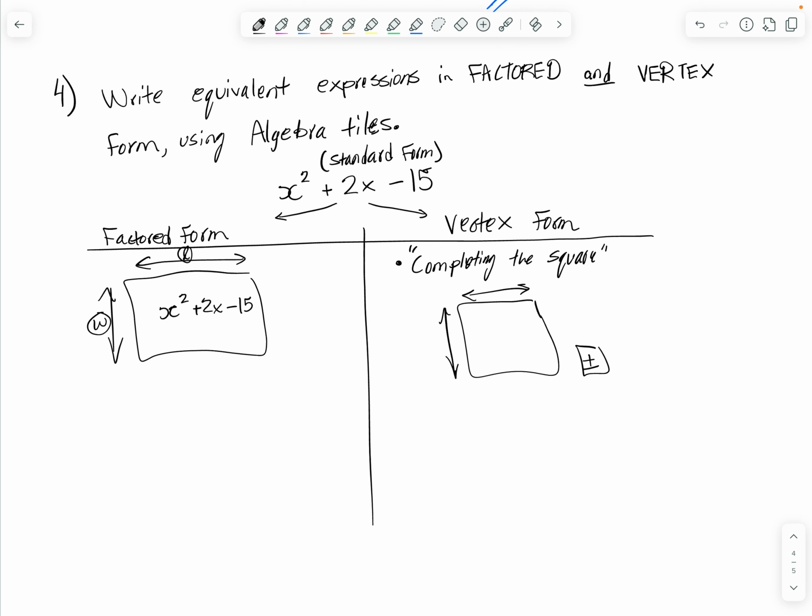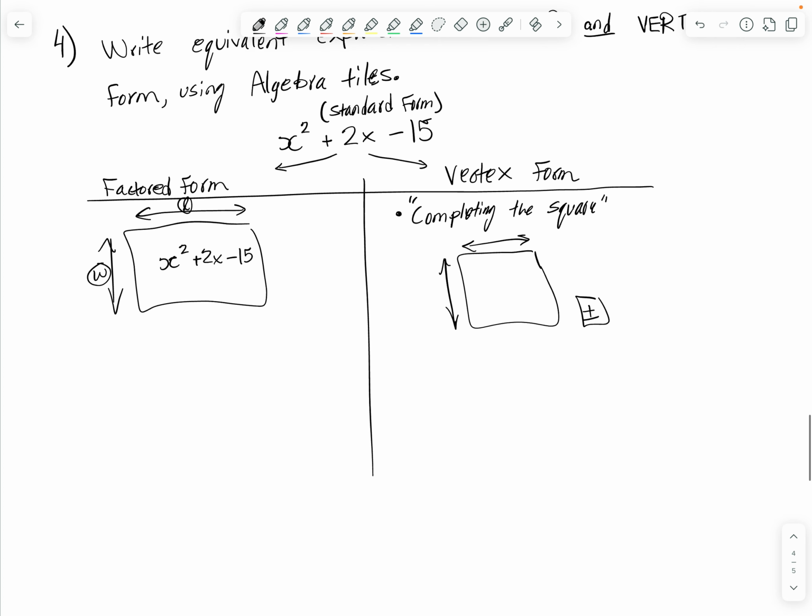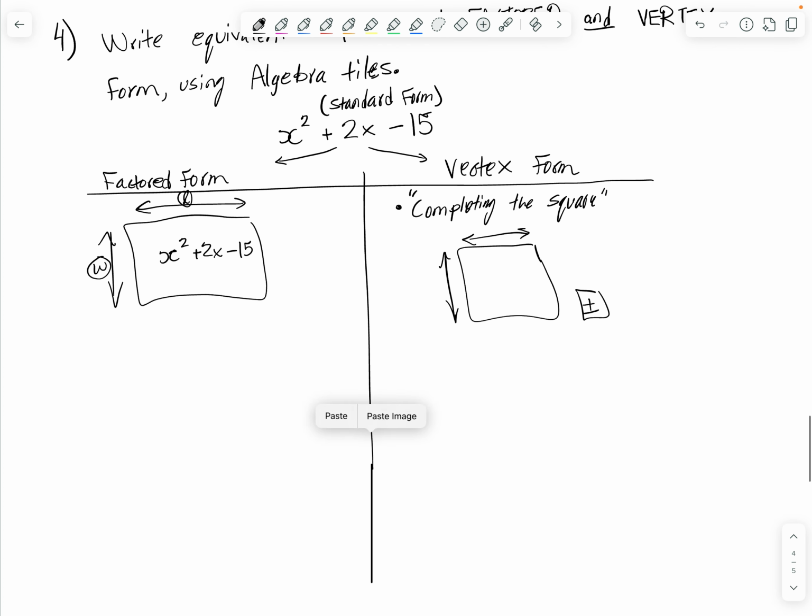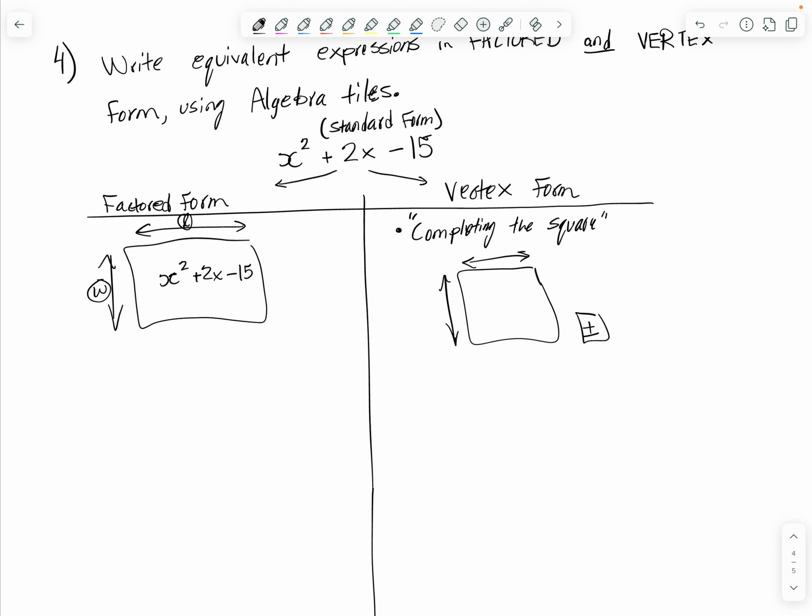This is going to be a binomial and this is going to be a binomial, and it's going to be a perfect square. So that's what completing the square is. We'll do this, but that's just an overview. Now if I were to go ahead with this, let's just start with factored form.